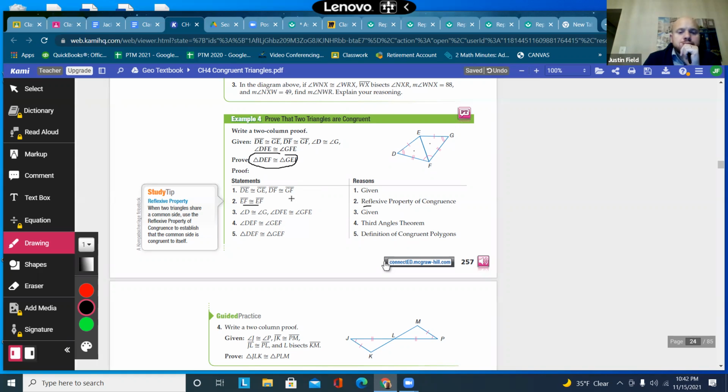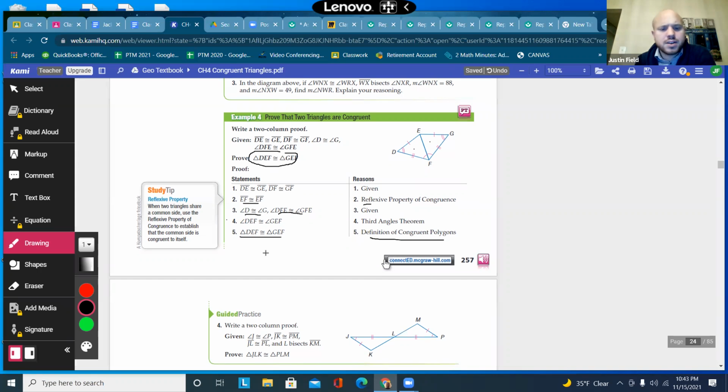And so we have this is given, and then this is reflexive. We're also given the angles here, and then the third angle theorem says that those angles are congruent. And now we've said all 3 angles and all 3 sides. So the triangles are congruent. Definition of congruent polygons. All sides and angles have corresponding congruent pairs.